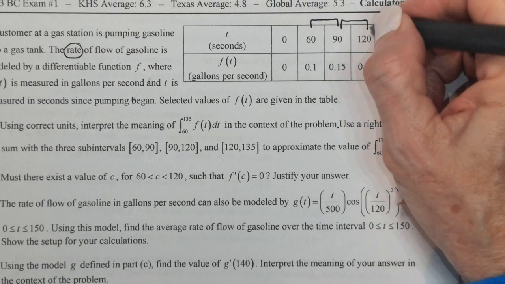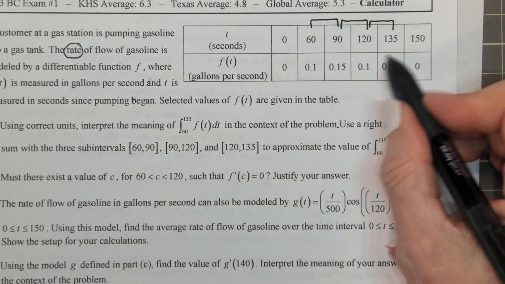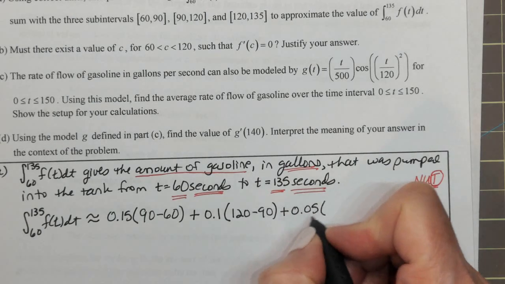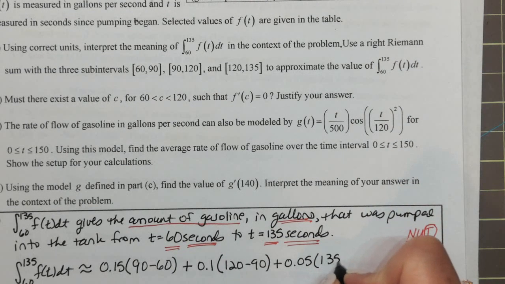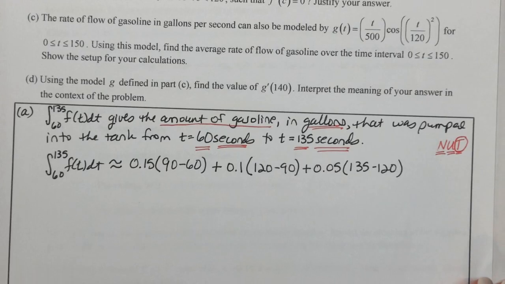And then the last ordered pair, 120 to 135, the right F value, 0.05 times the change in time, 135 minus 120. And we stop right there.